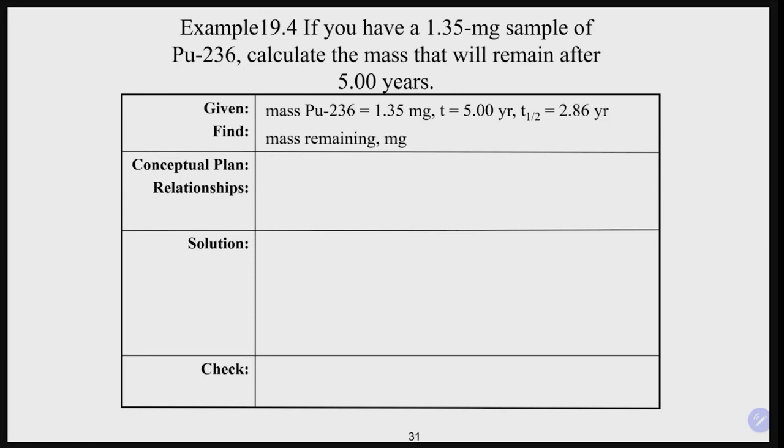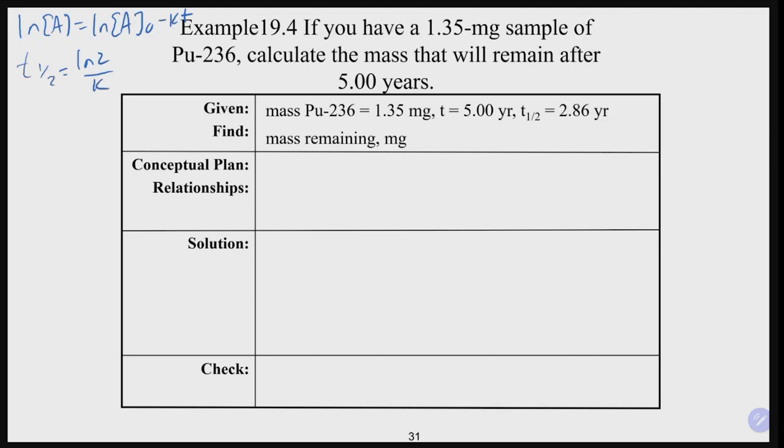Anything that involves how long something takes to decay is going to be kinetics, and it's going to be first order kinetics, so you could just use the regular first order equation. You don't necessarily have to use the nuclear chemistry version of it. You also want to think about the half-life equation. They are oftentimes used together, especially in these types of problems.